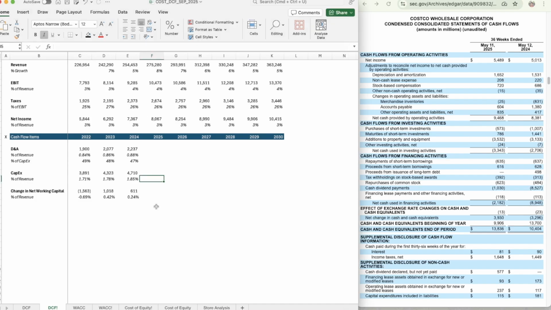So if we take this figure divided by, we go minus 831 plus 1380 plus 417.